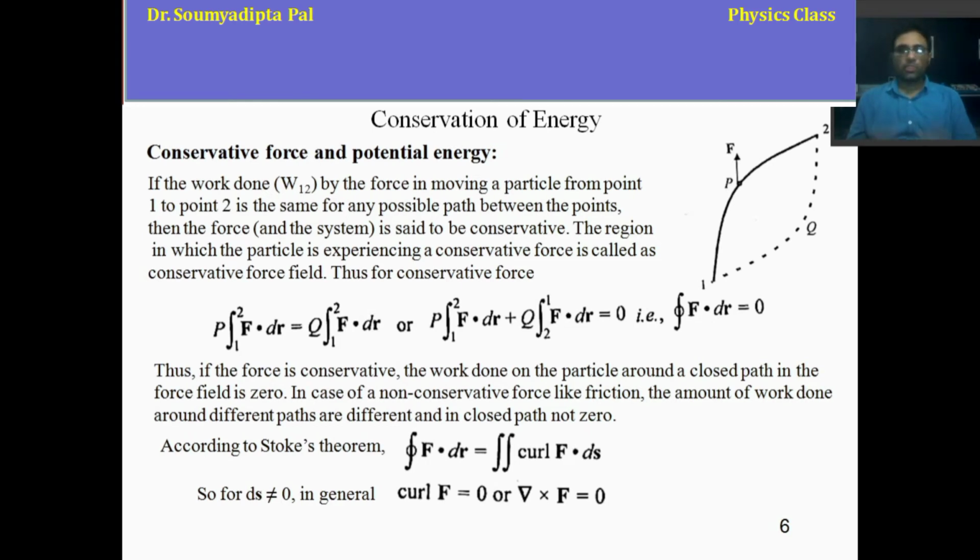Okay, so now curl of that force dot ds, if you do so, that will give you the flux of that curl of that force. So basically here, if this is a closed path, please follow my cursor.